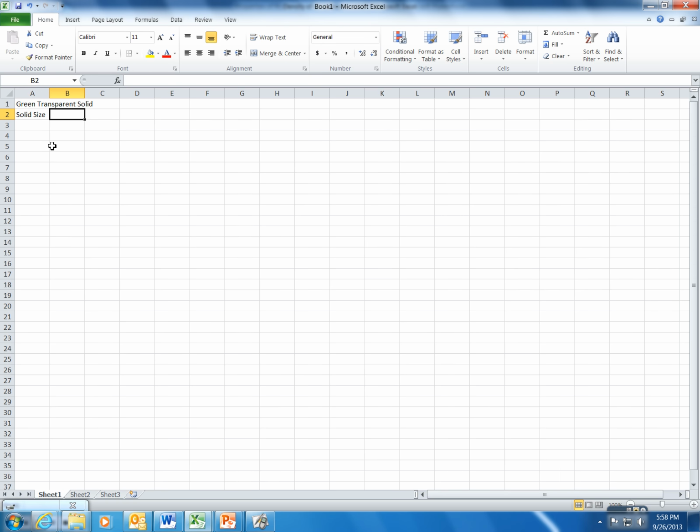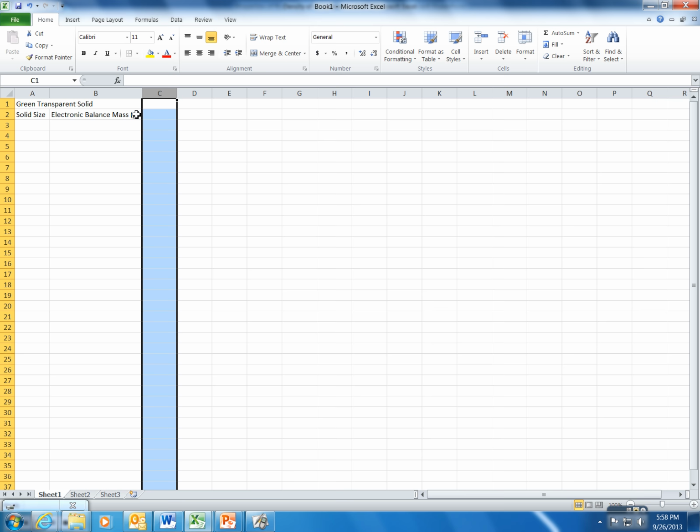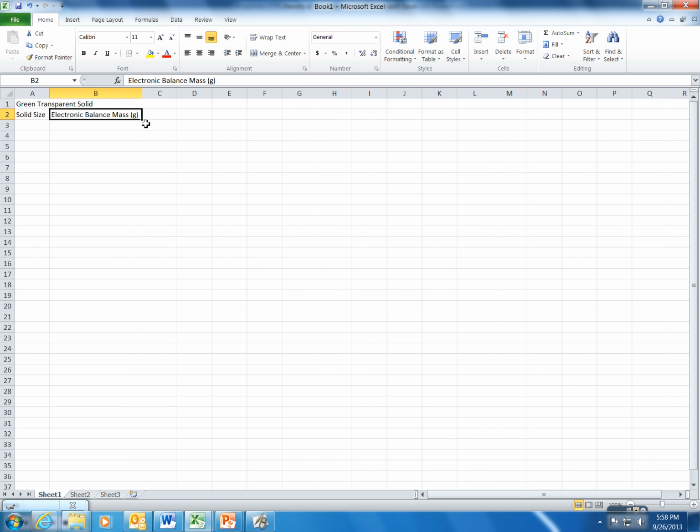I then also took data using both an electronic balance and a triple beam balance. So I'm going to write electronic balance mass, and here I'm going to put my units, grams. And you want your units to be in the label of the column, not with the numbers, so that you can use the numbers to do calculations.